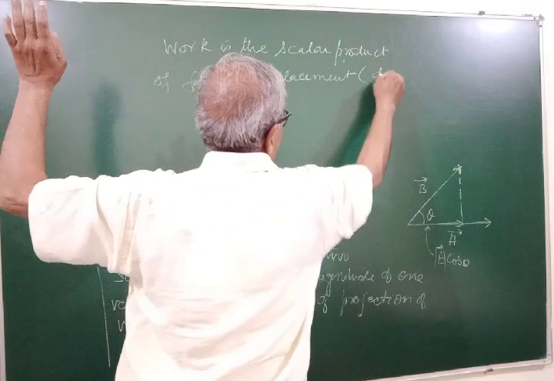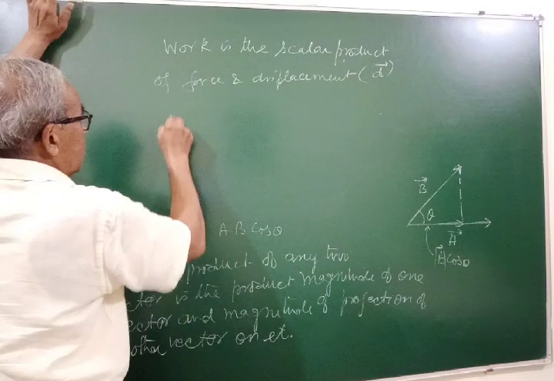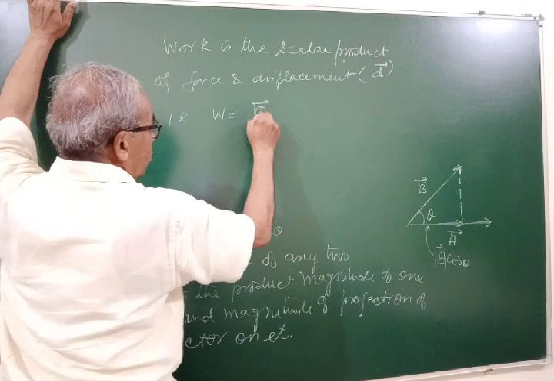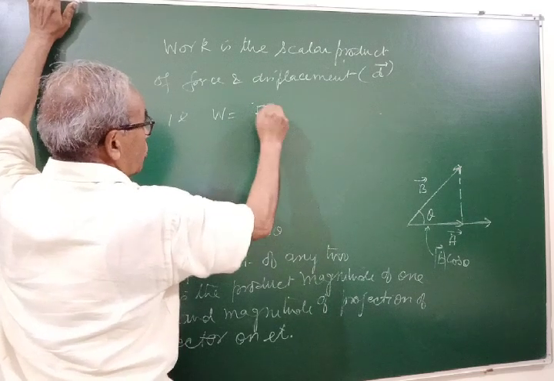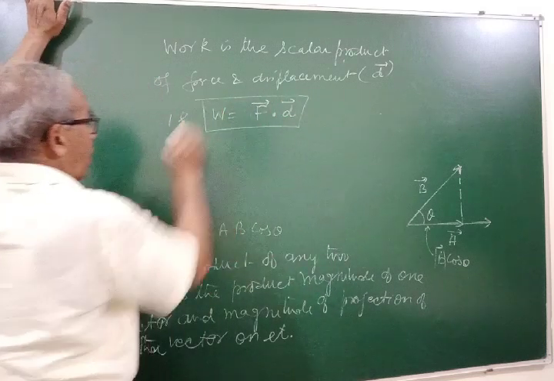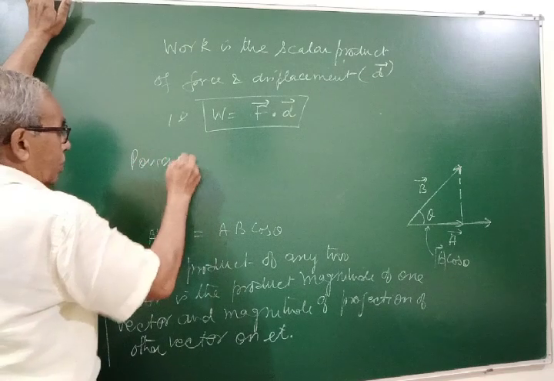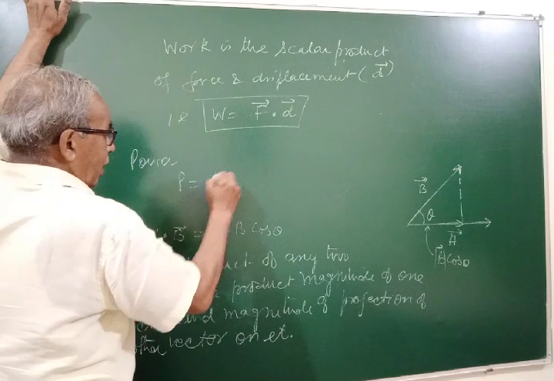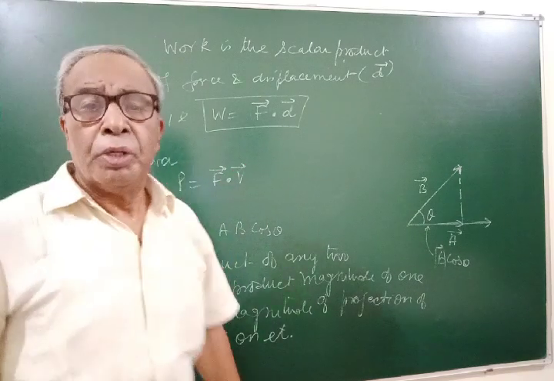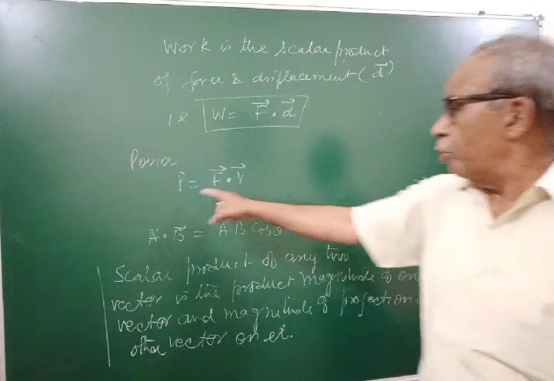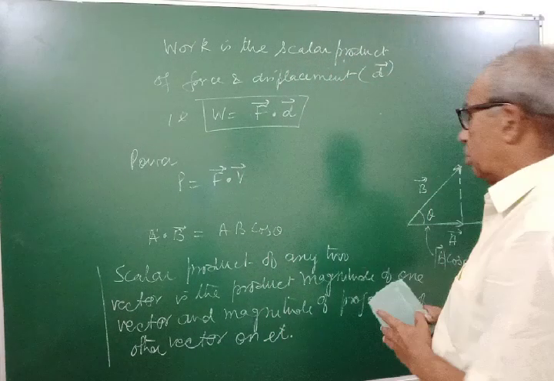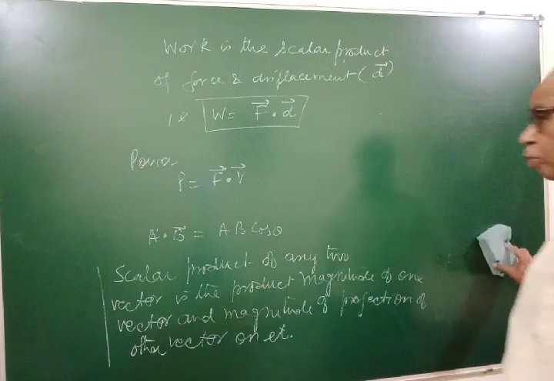That is, W equals F dot D, total force dot displacement. This is one example. Power: P equals F dot V, the dot product of force and velocity. Power is the dot product of force and velocity, and work is the dot product of force and displacement.